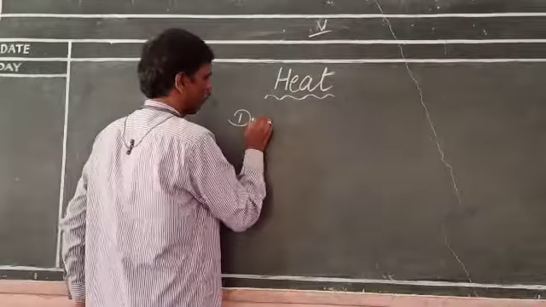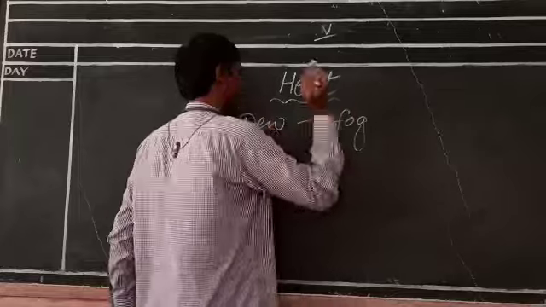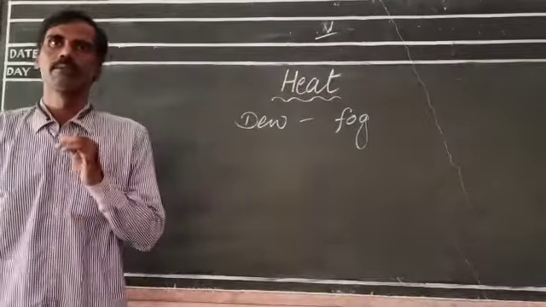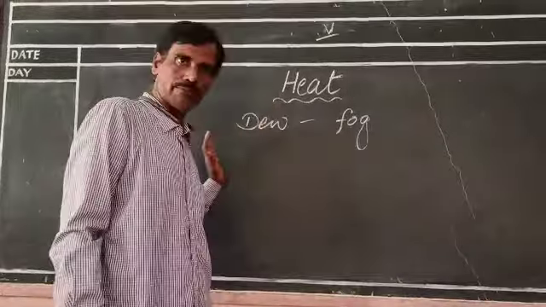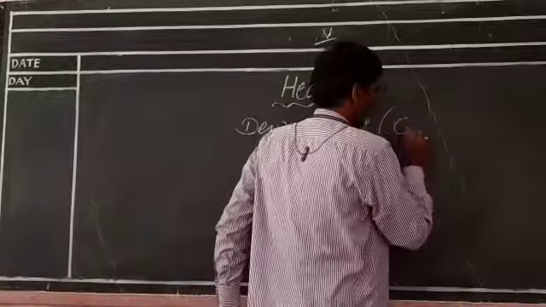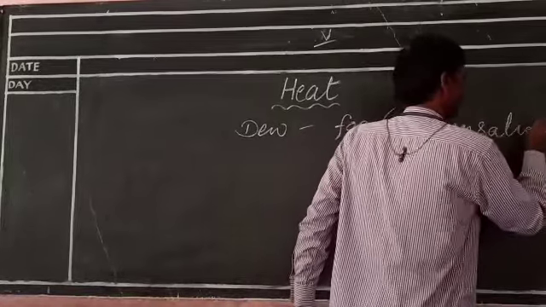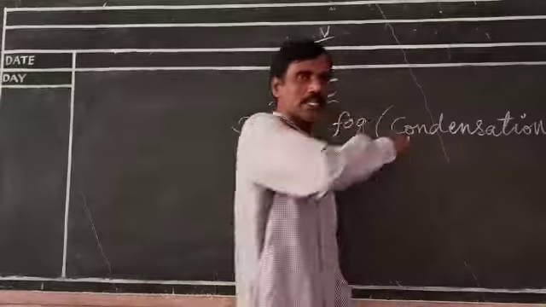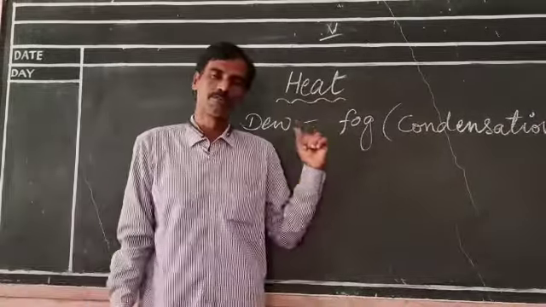I am going to discuss the difference between dew and fog. Formation of dew and formation of fog are both the process of condensation. Because of condensation only, we get dew and fog.